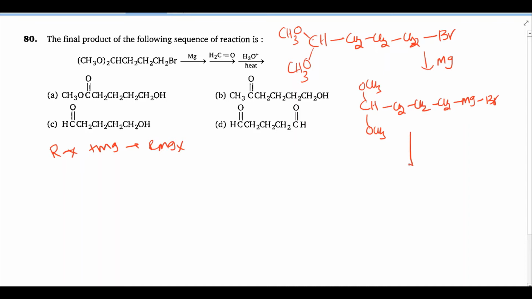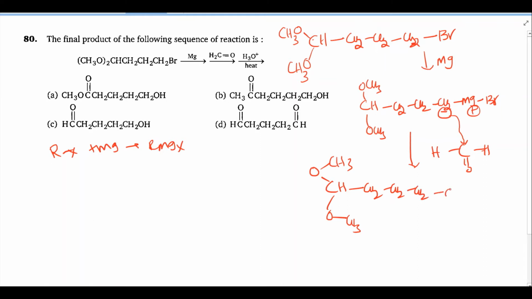After that, you are going to take formaldehyde. So this is a nucleophilic addition reaction. Then you are going to get CHO, CH3, O, CH3, CH2, CH2, CH2, CH2OMgBr. So this is our thing.